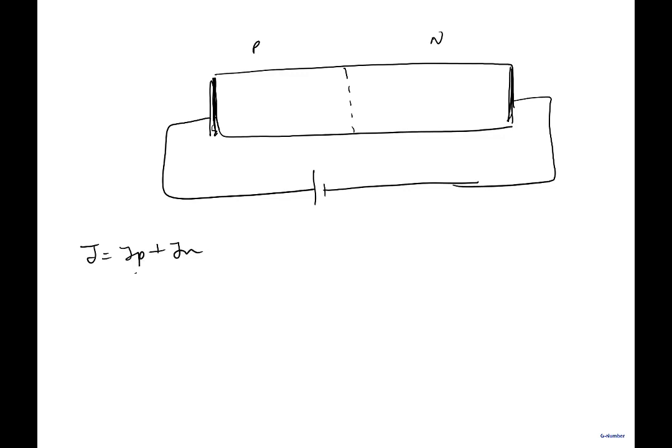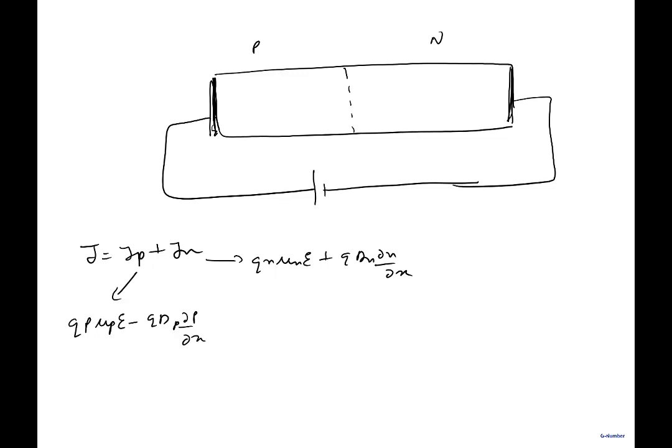And the other thing to keep in mind is Jp equals q p mu p E minus q Dp del p by del x. And similarly, Jn is q n mu n E plus q Dn del n by del x.